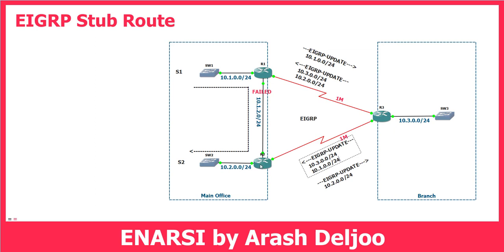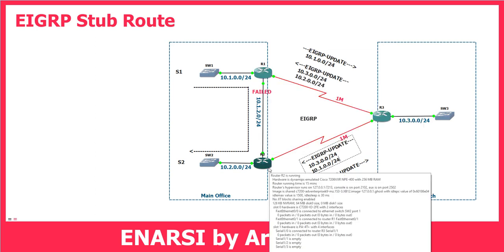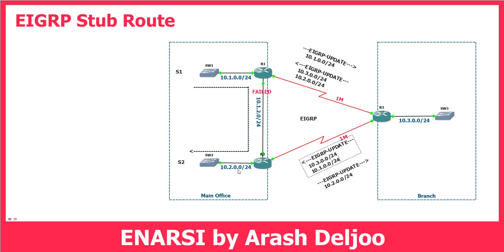But now R2 doesn't have any path to 10.1.0.0 except the path from router 3. And also router 1 doesn't have any path to 10.2.0.0/24 except the path from router 3. This is the normal behavior of EIGRP, and until now we didn't experience any uncommon behavior.